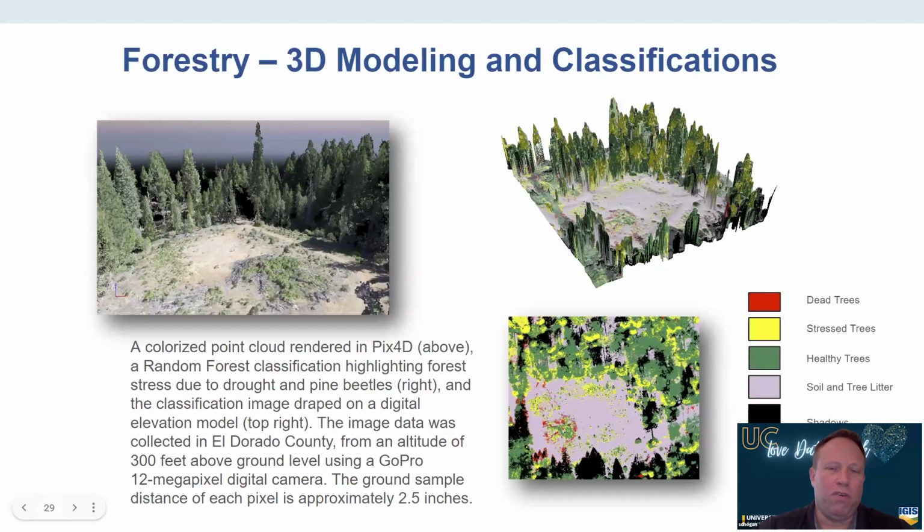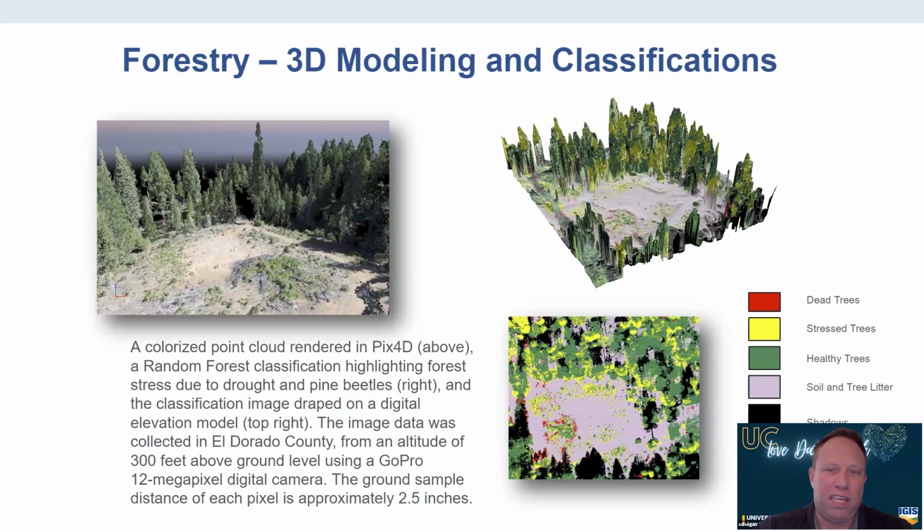Also conducted some studies within forest environments. In this case, looking at bark beetle kills up in the El Dorado County area near where I grew up. What I wanted to highlight was that when you fuse spectral data with elevational data, it makes it possible to identify dead vegetation above ground level.